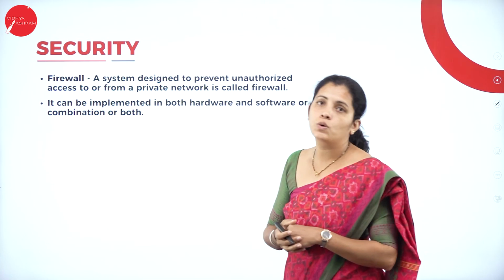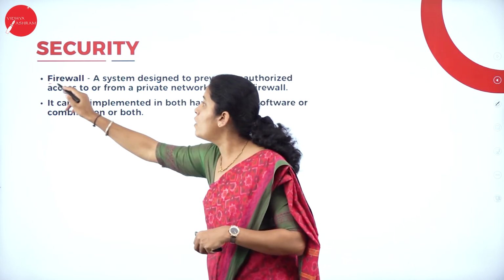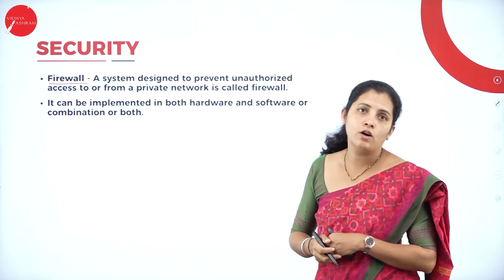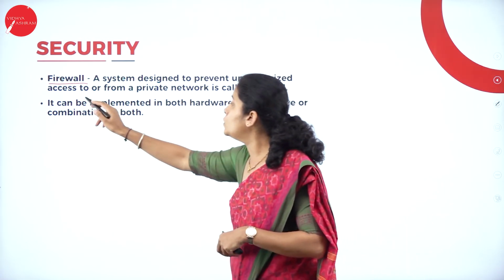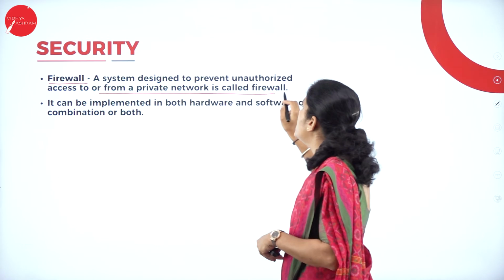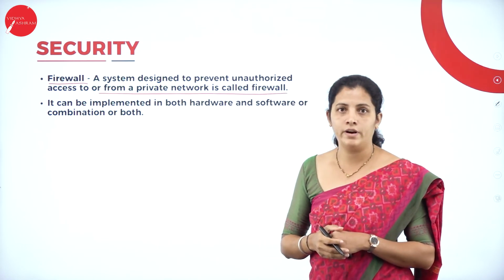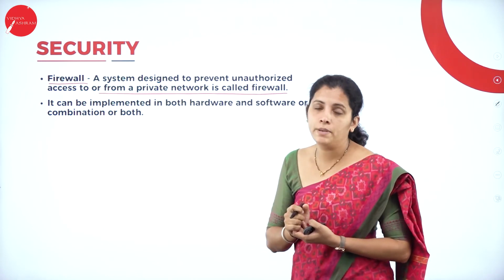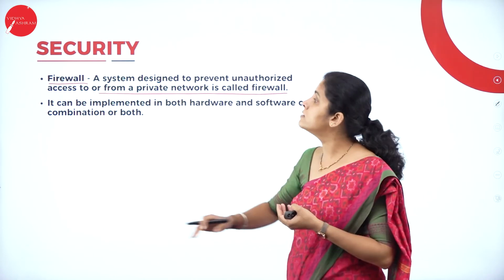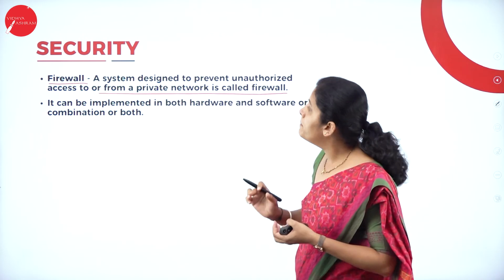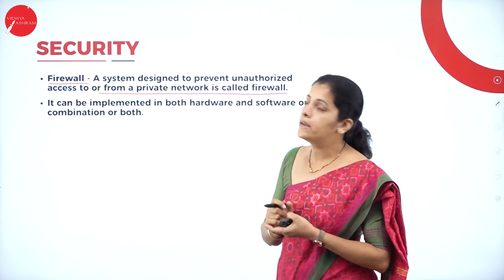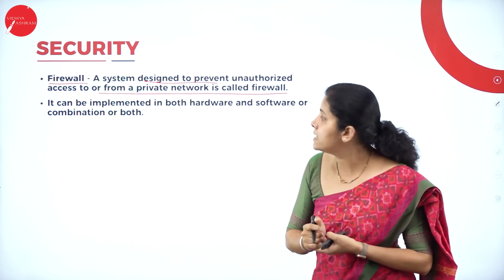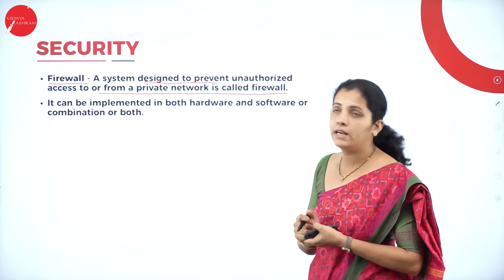Moving further, we are going to have firewall. A system designed to prevent unauthorized access to or from a private network is called a firewall. So here a firewall is nothing but a protocol, or a set of rules, mainly used by a system designed to prevent unauthorized access to the private network.